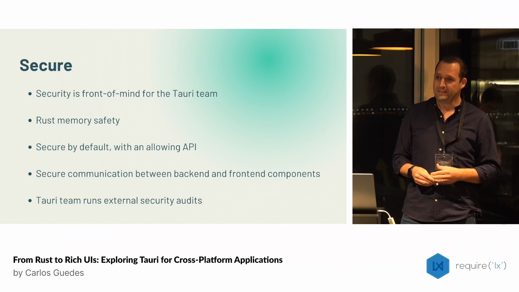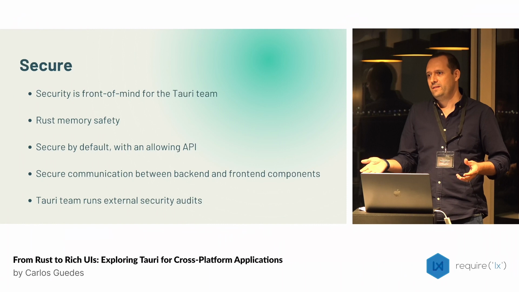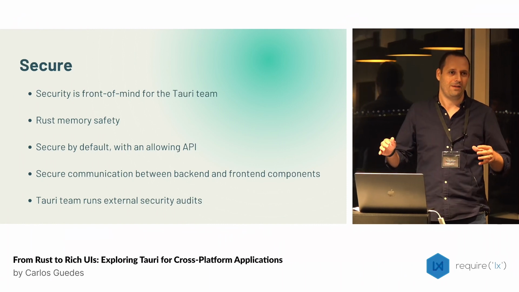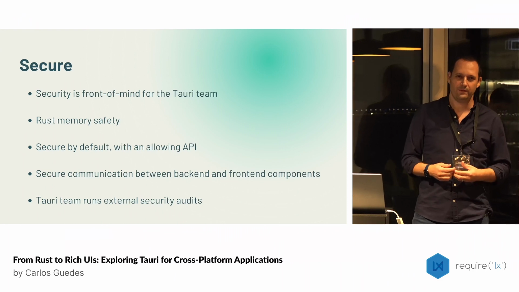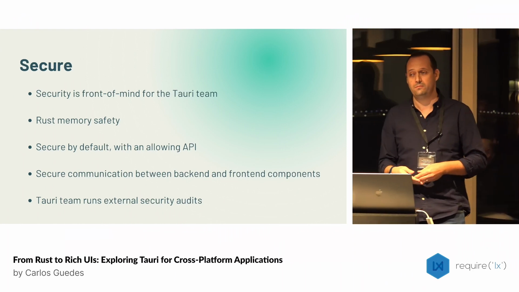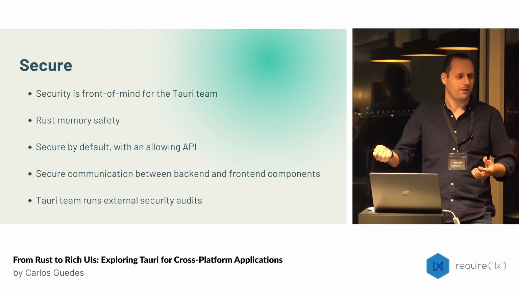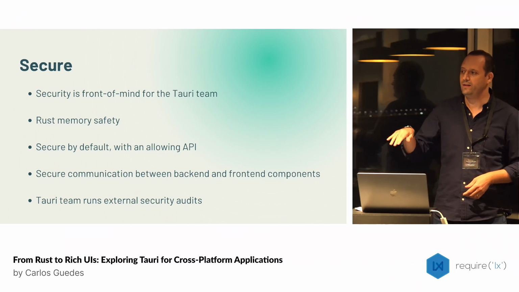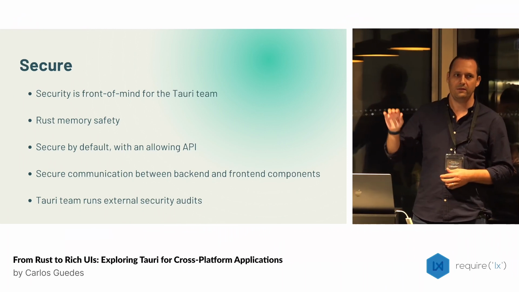The code itself, and you're going to see, if I try to access the file system, error. If I try to open a model, error. So it's secure by default. You need to be explicit on your intentions, even to do an HTTP request. You need to explicitly say which APIs, let's say you have an external API, you're going to use.